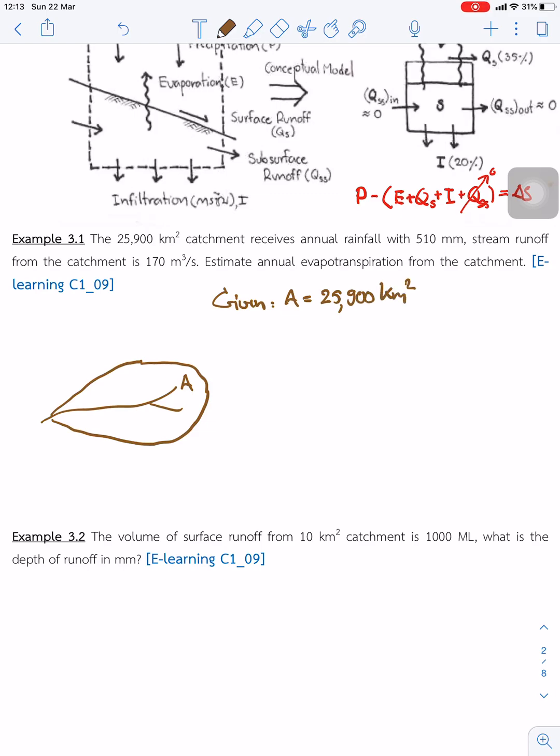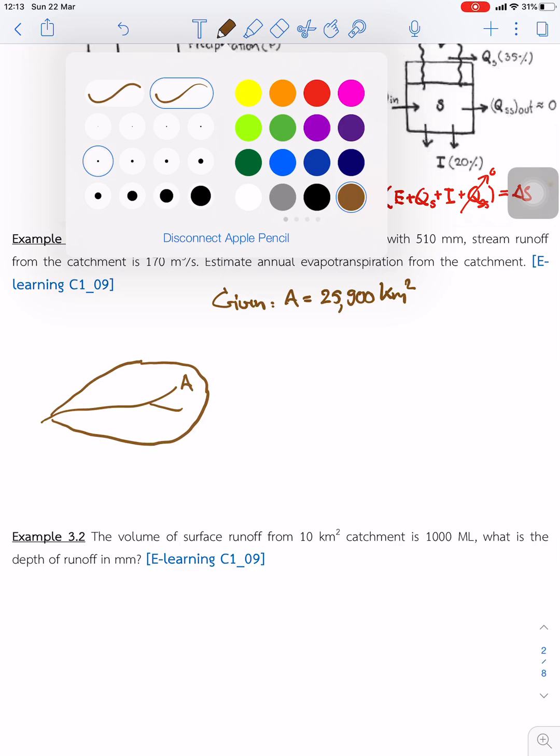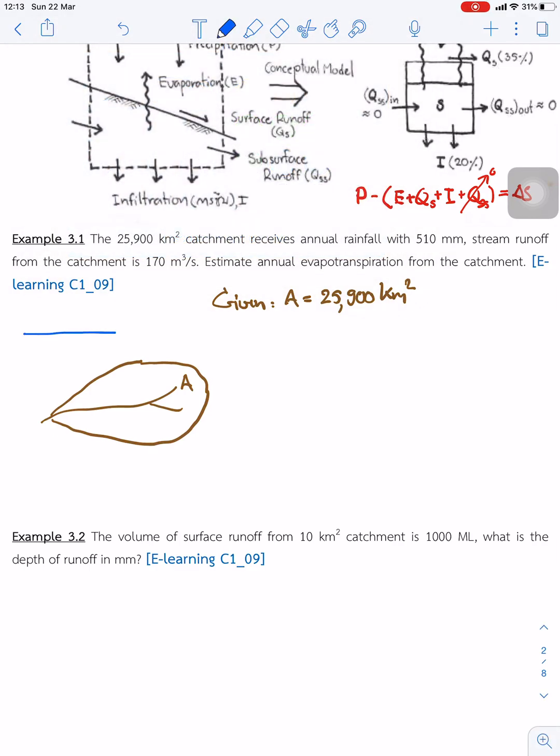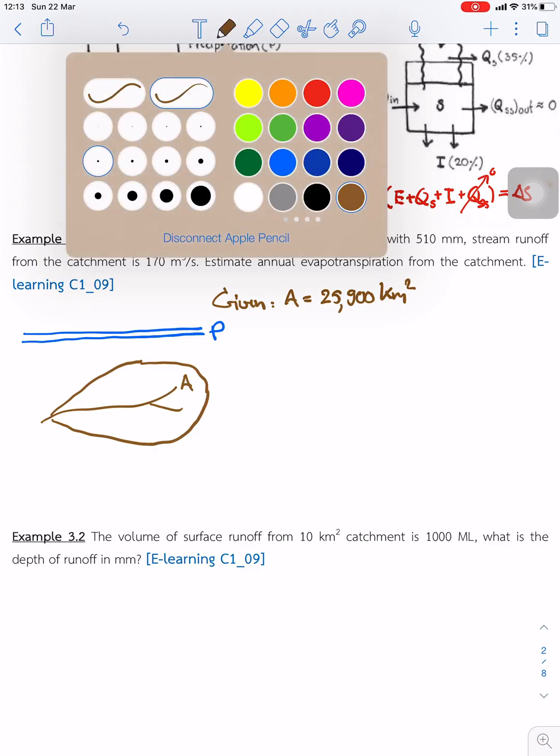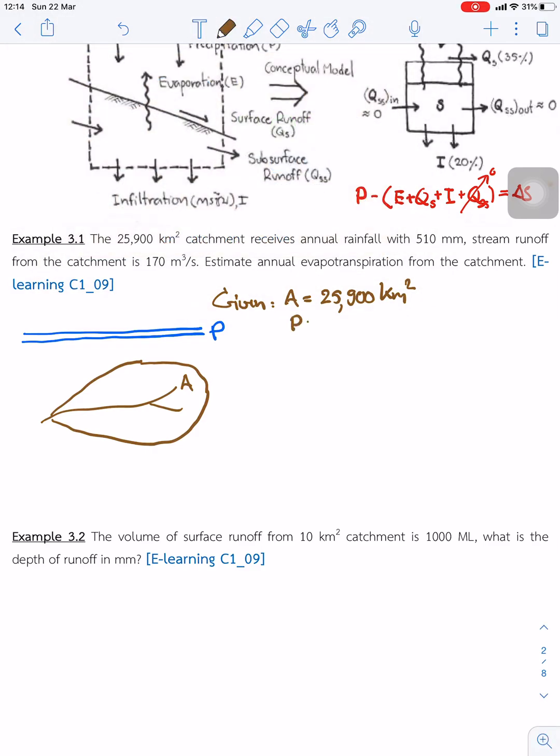And this catchment receives the rainfall. You see that this says annual rainfall. You may expect that in this case the delta T should be 1 year.